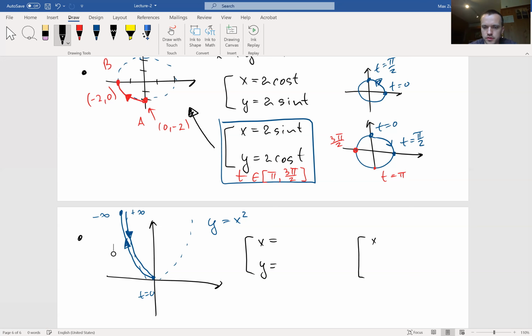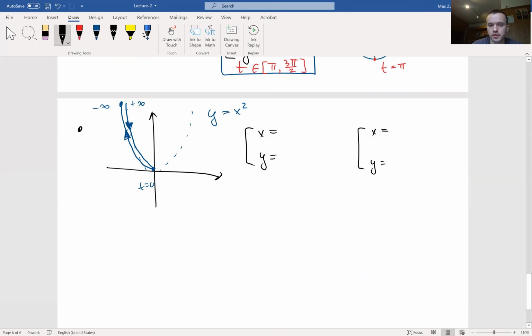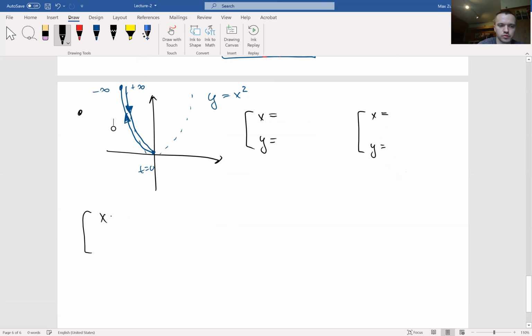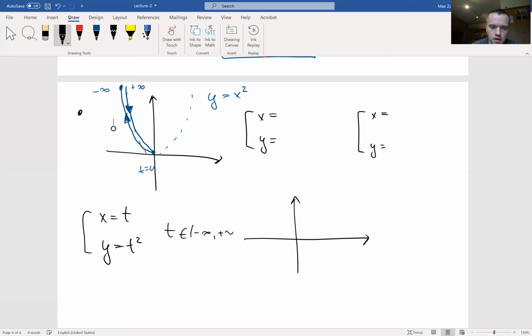And you know what, let's do 2 different parameterizations just to see the difference. Okay, that's good, let's try that. So we have x is equal to t and y is equal to t squared, yes? Then what is going to be your bounds for t? Negative infinity to infinity, yeah.